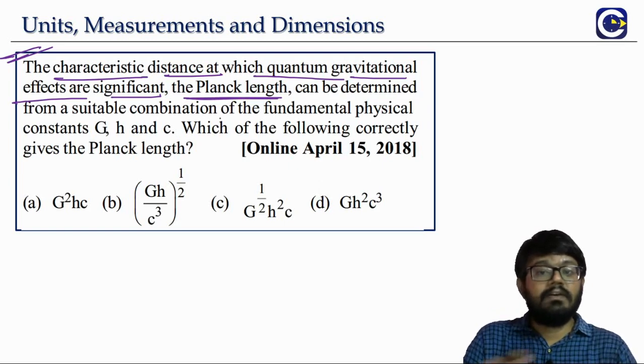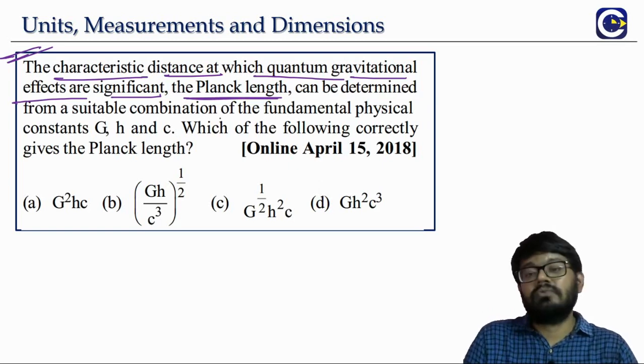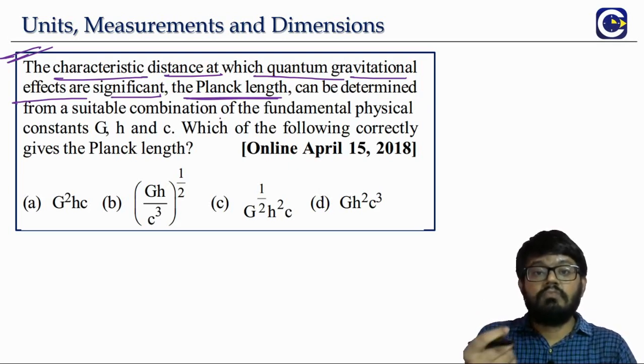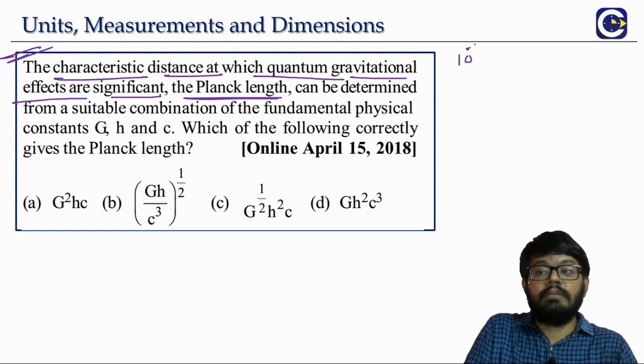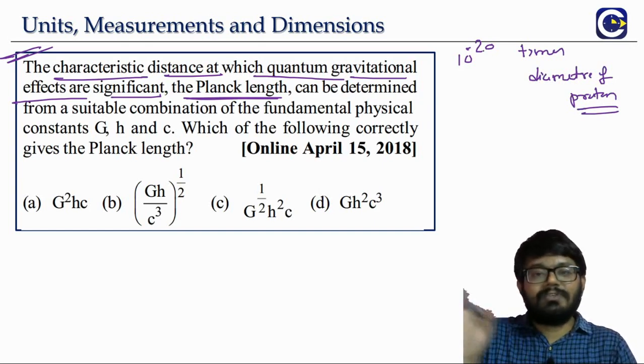But for our plus one, plus two physics, our focus is mostly on classical physics, so to say. Just to give you some idea, Planck's length is a very small measurement, approximately in the range of 10 power minus 20 times the diameter of the proton. Think about it. But to solve this question, all that is not needed.